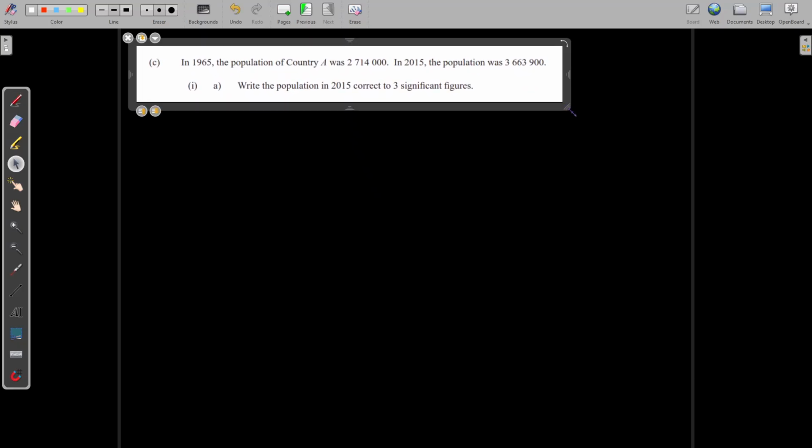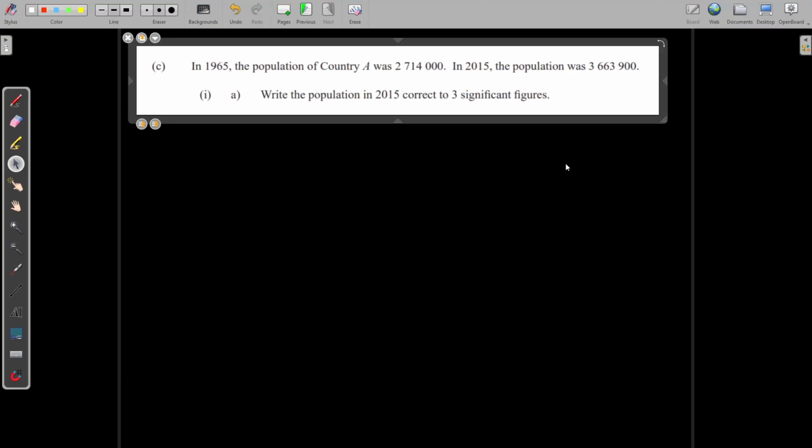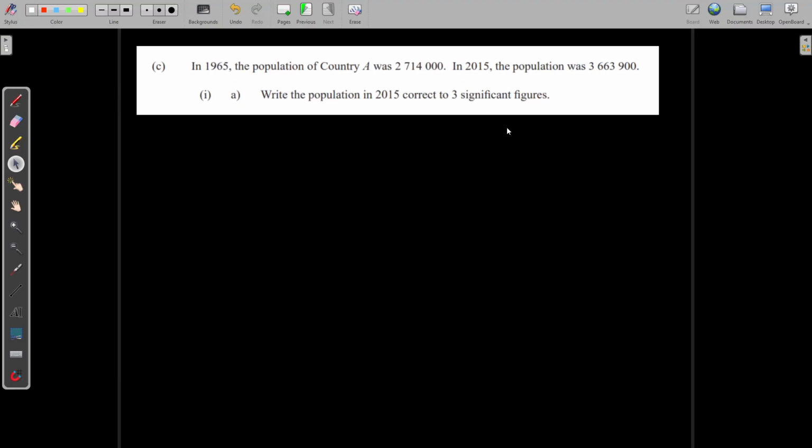So in 1965, the population of a country was 2,714,000. In 2015, the population was 3,663,900. Write the population in 2015 correct to three significant figures. So what's that?